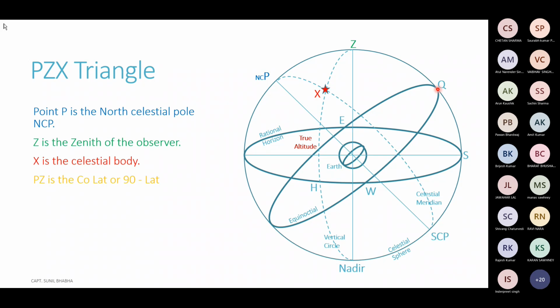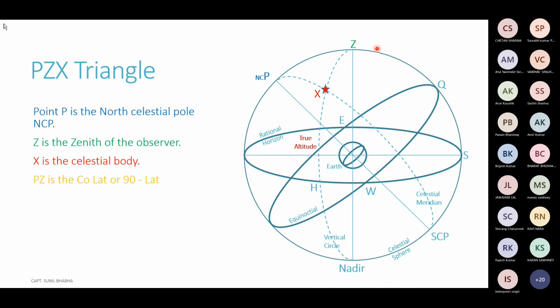Now we also know that from the equinoctial to the celestial pole, that is NCP, so pole to the equinoctial, P to Q is 90 degrees. Every point on the equinoctial is 90 degrees away from the celestial pole.